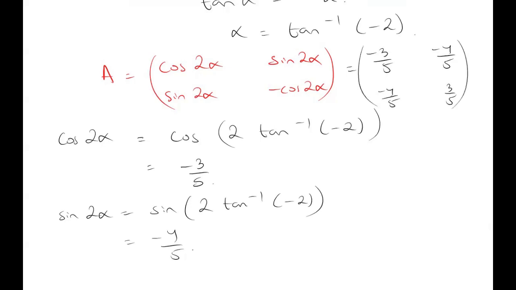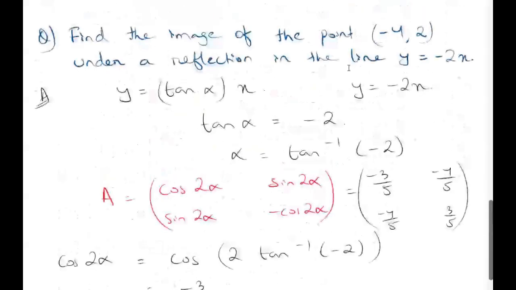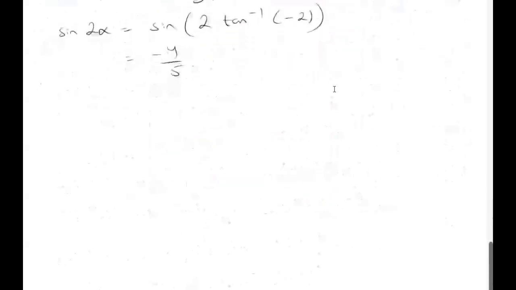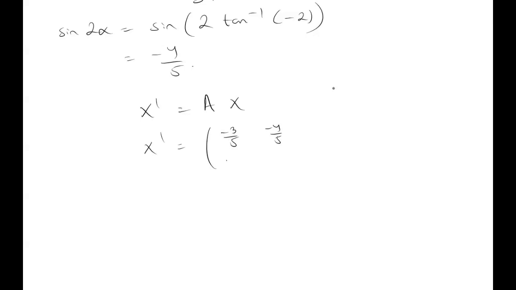That's my transformation matrix. I need to multiply my transformation matrix with the object point so that I can arrive at the image point. My object point is (-4, 2). We know that x dash is equal to A times x. So X dash is equal to A, which is minus 3 by 5, minus 4 by 5, minus 4 by 5, and 3 by 5, multiplied with (-4, 2).